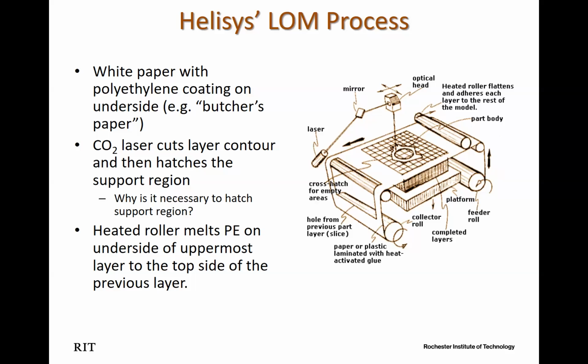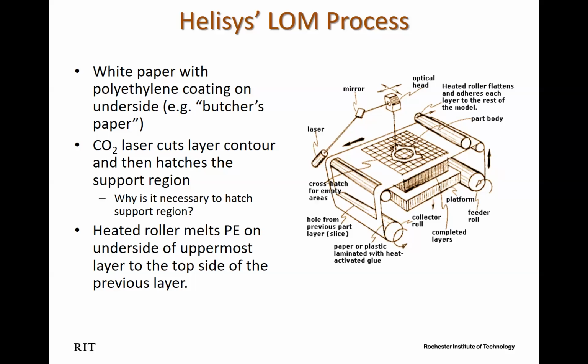And the heated roller will melt the polyethylene on the underside of the uppermost layer onto the top side of the previous layer. So by repeating this, you could create an object with a height, right? Basically, you attach one layer to another, and you end up with a 3D object.